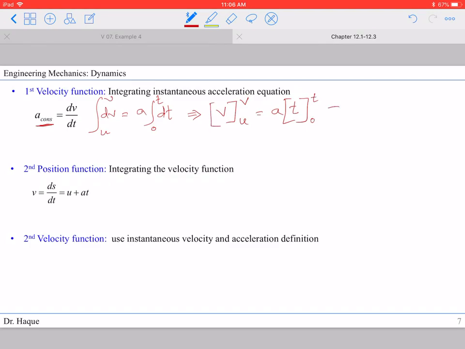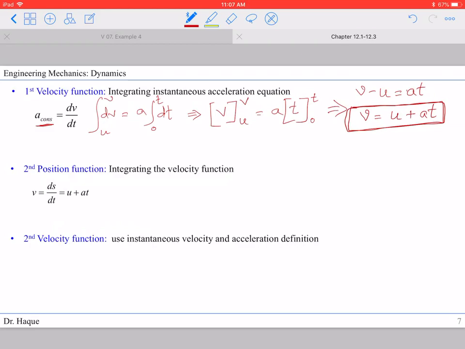So that gives us the formula v minus u equals to a t, acceleration multiplied by time, and it was normally written as v equals to u plus a t. So this is the second formula we derived, and we're gonna use that for solving problems.